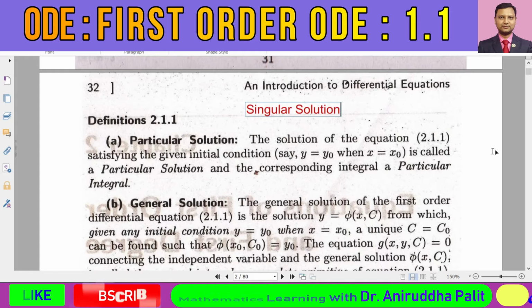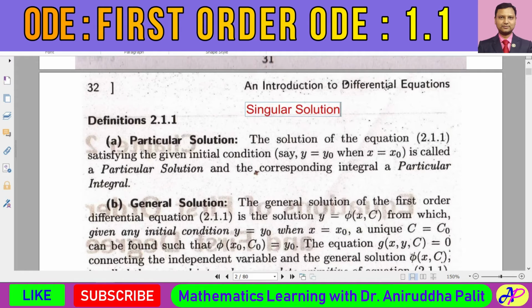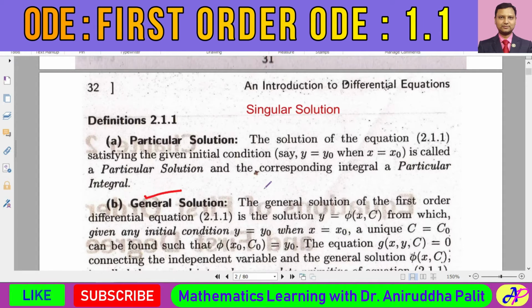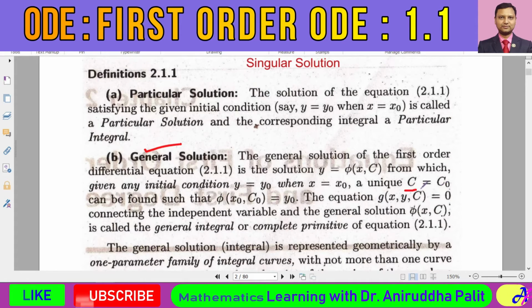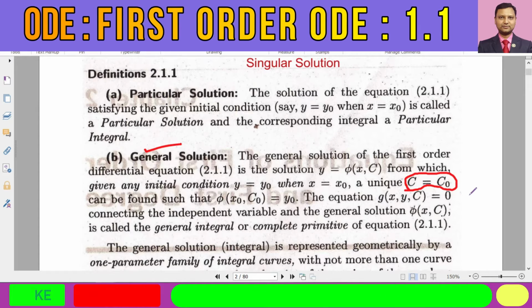I am just introducing the definition over here. Singular solution is actually a solution which cannot be deduced from this general solution by putting any definite value of this arbitrary constant c0.